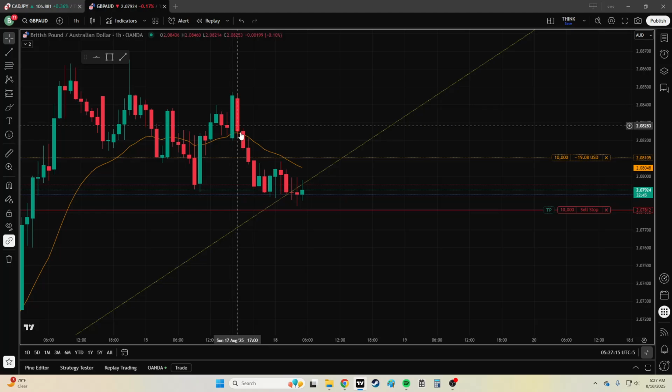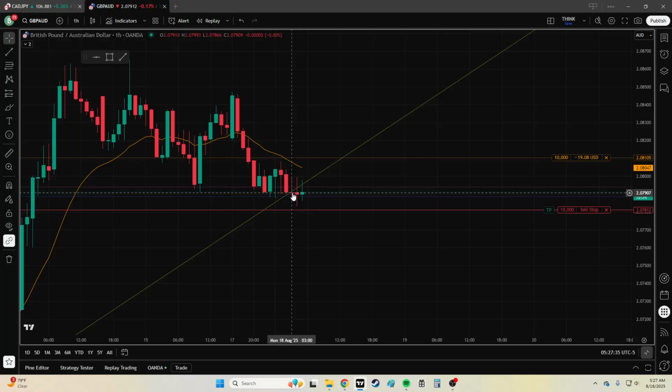So we've got this leg down here, and instead of bouncing back up like it had been, it just went sideways, drifted right through the trend line. But what's interesting here is you can see that the hourly bars are wicking through it and failing. And so I think that's an indication that maybe the market, A, is respecting the trend line, and B, has decided that it wants to be on the other side of it.